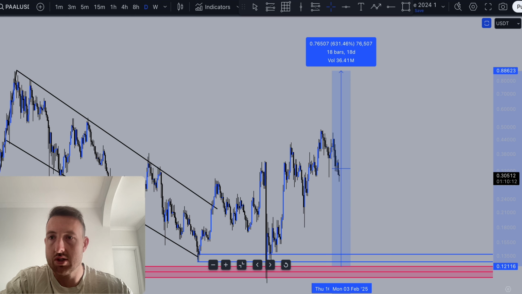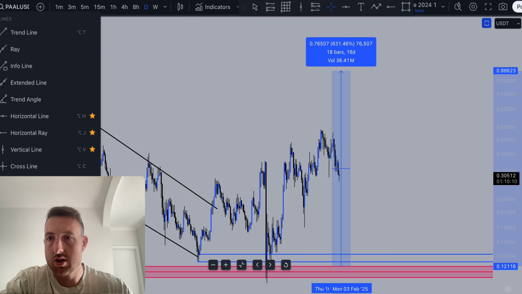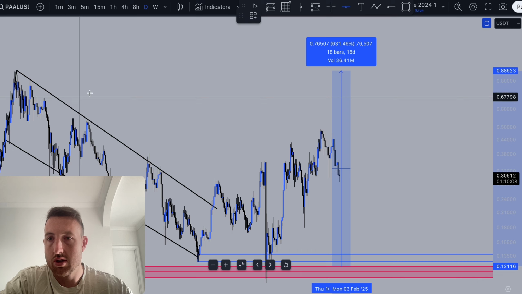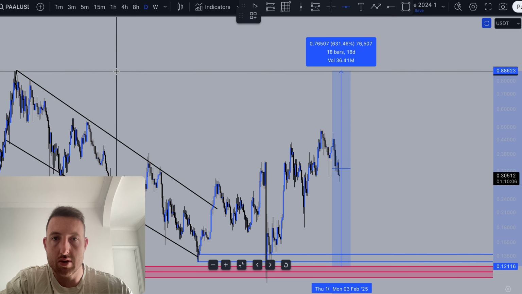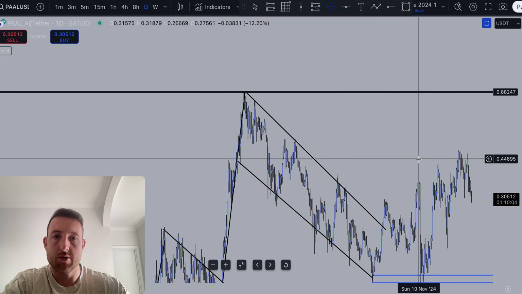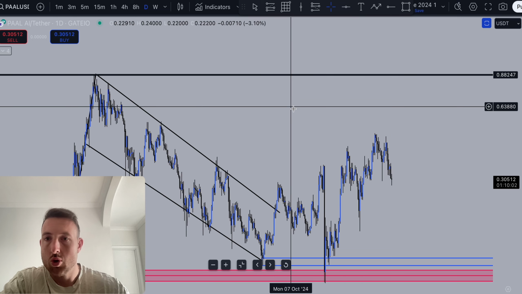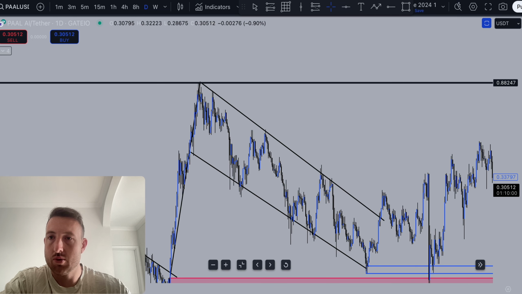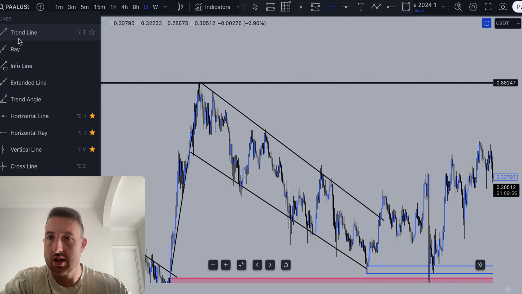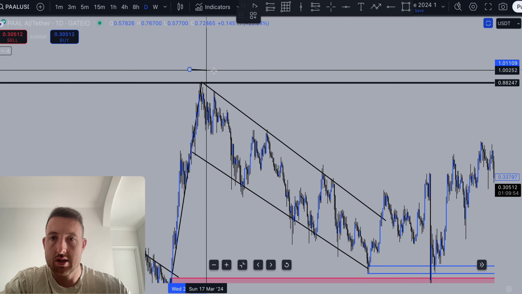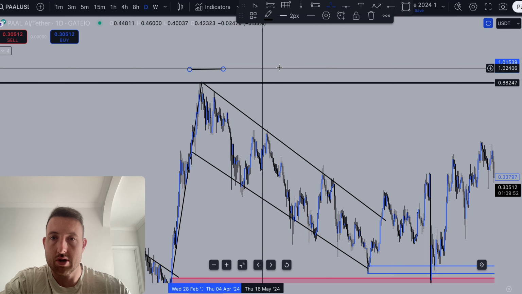which lines us up with the top here, which if it came up to that level, that would then indicate that we have a double top.